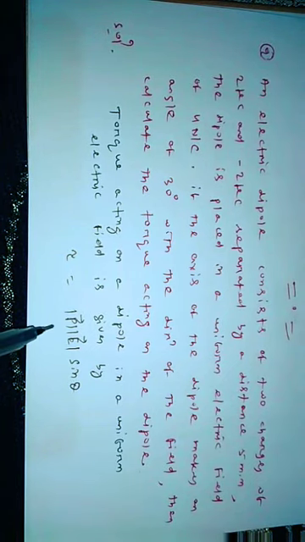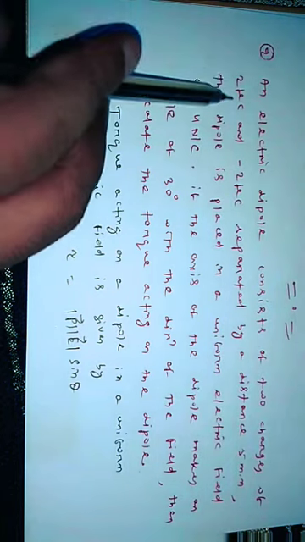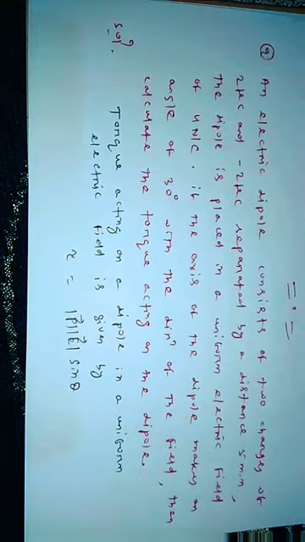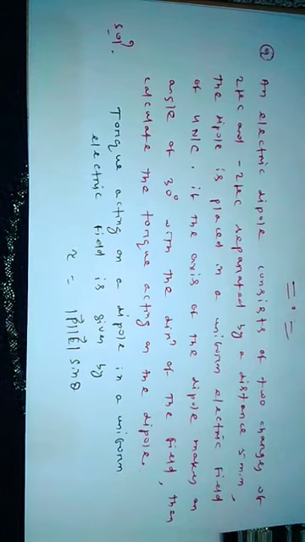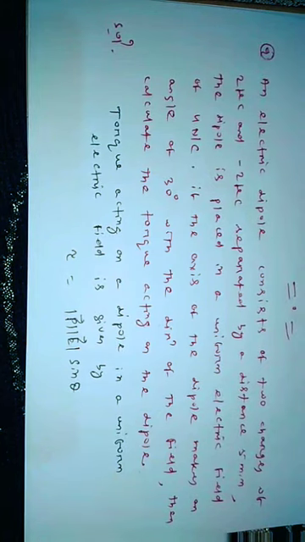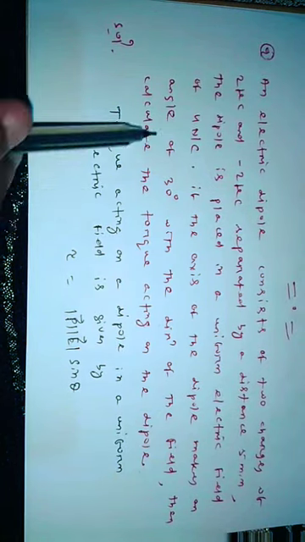Okay. Here P is the electric dipole moment, P equal to Q into 2A. Q equal to 2 microcoulomb and the distance 2A is 5 mm. And theta, the dipole makes an angle 30 degree with the direction of the field, that is theta equal to 30 degree. Okay, and E is given as 4 Newton per coulomb.